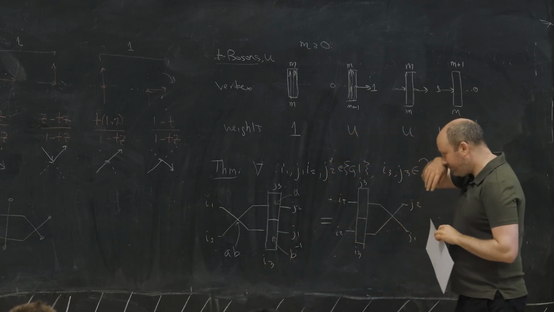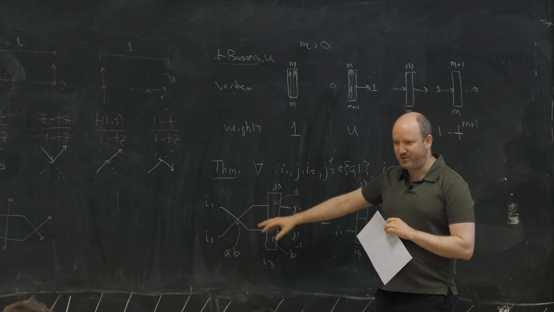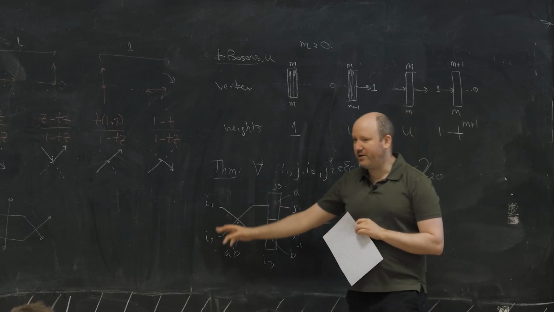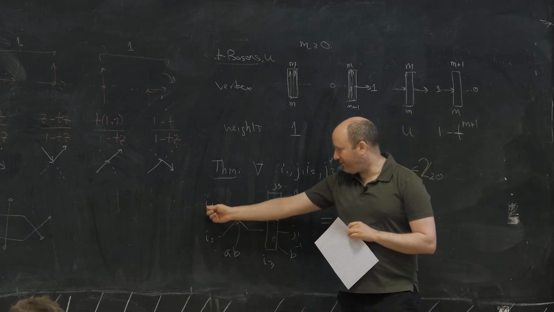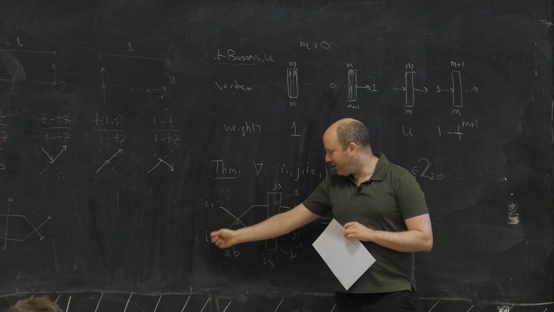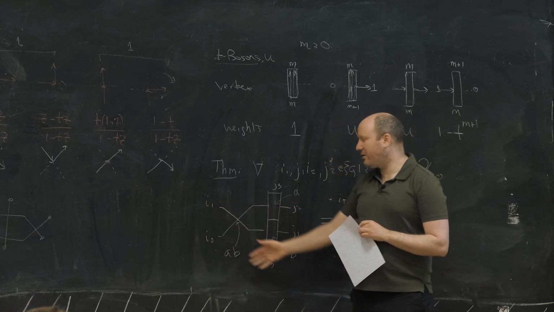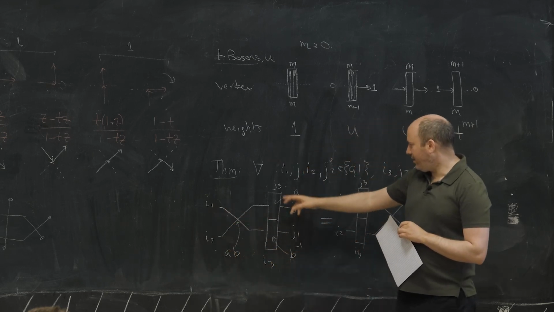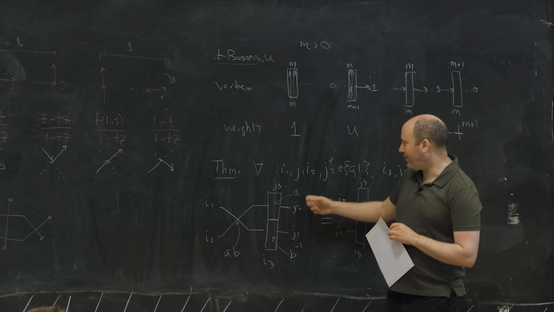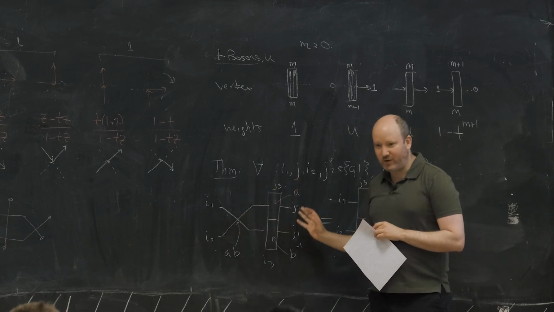So what does this picture mean? Pictures, as before, mean partition functions. I specify the incoming arrows. Let's say I1, I2, and I3 all equal 0, just the most basic example. I could choose arbitrary things for J1, J2, and J3, but unless they're equal to 0, the partition function is 0.